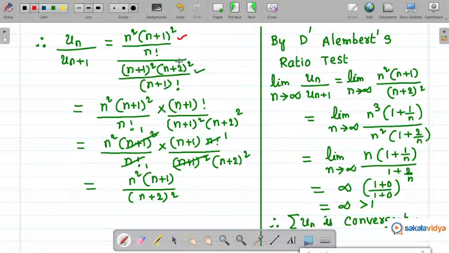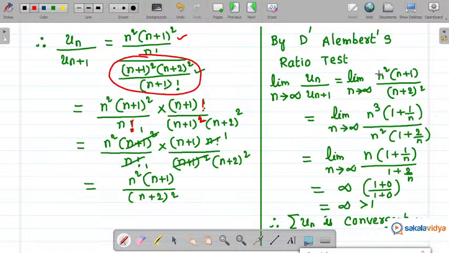So n square into n plus 1 whole square by n factorial, into n plus 1 factorial by n plus 1 whole square into n plus 2 whole square. Here n plus 1 factorial can be written as n plus 1 into n factorial. The n plus 1 whole square gets cancelled, and n factorial gets cancelled. We have n square into n plus 1 by n plus 2 whole square.